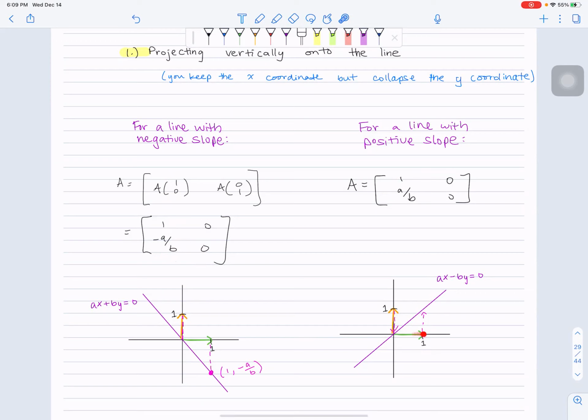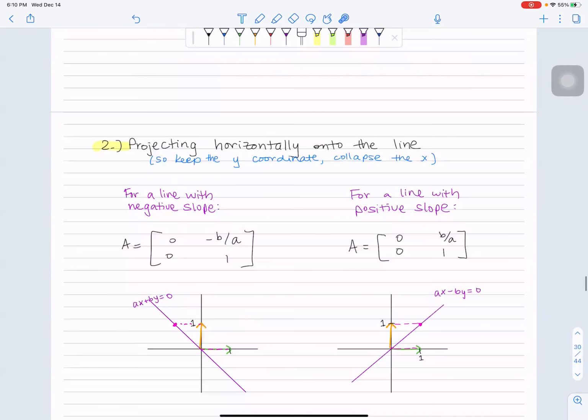Just remember what happens to the i vector, what happens to the j vector. If the line doesn't cross the origin, the j vector will not be projected onto. So then you can't use this formula. You should actually look at what happens. But generally, they should go through the origin.